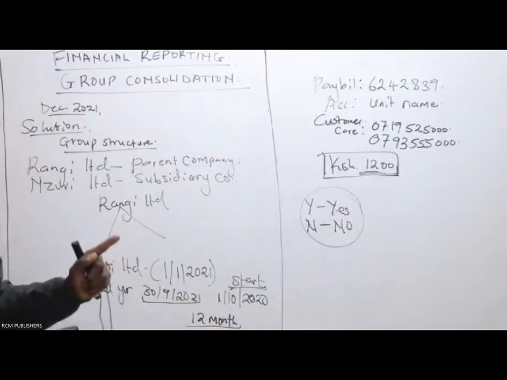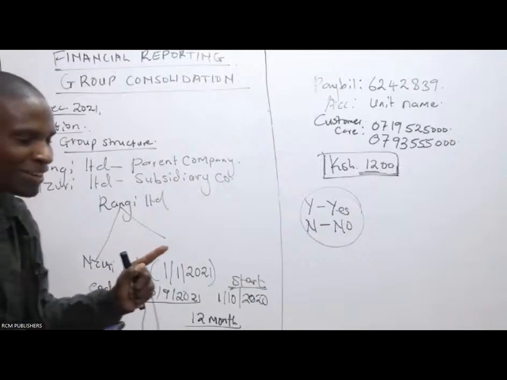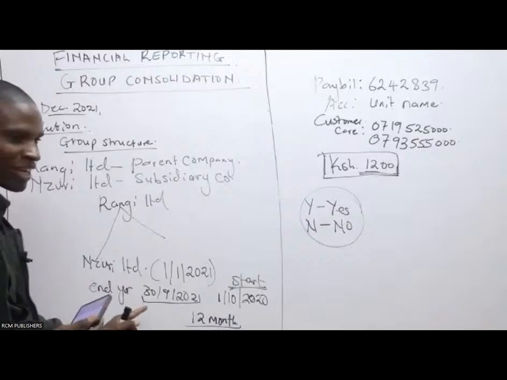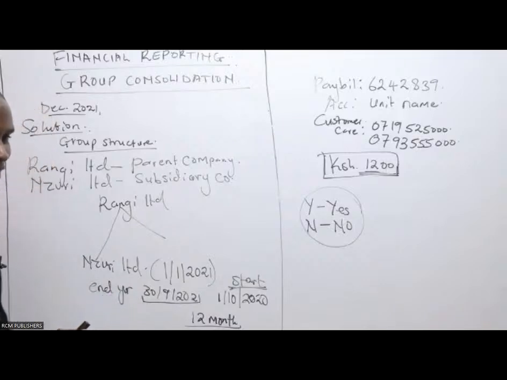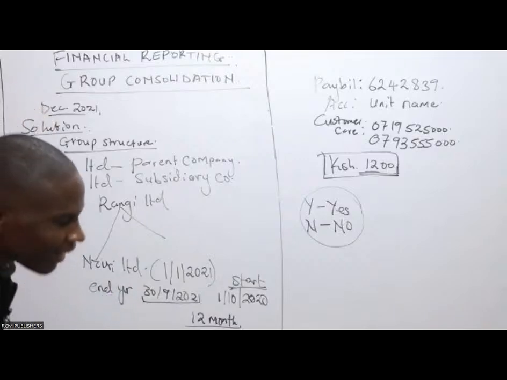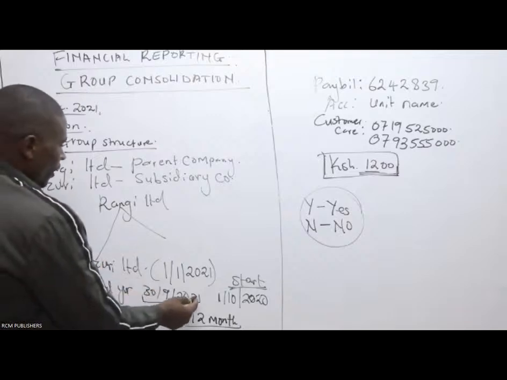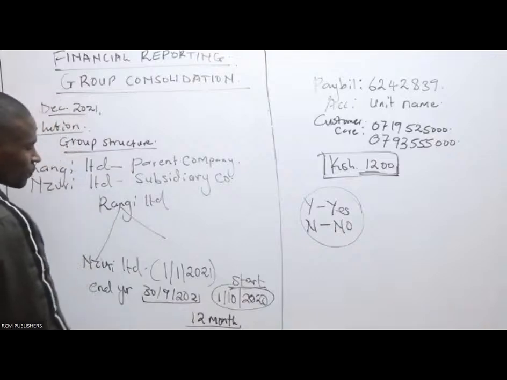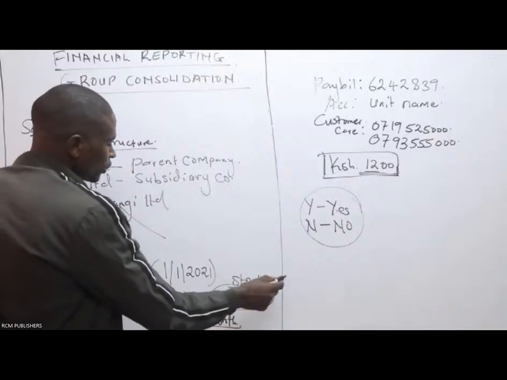Faith has proven them wrong. Yvonne has proven them wrong. We shall see whether it's true. Let's see. The start of the financial year of Rangi Limited is 1st of October 2020.